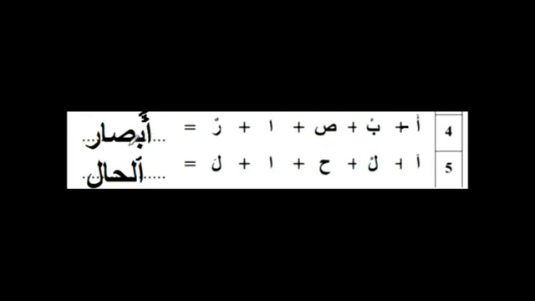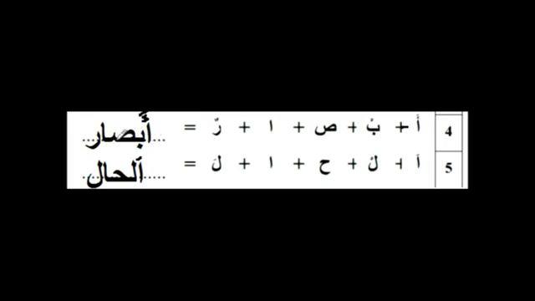So we would write the ba, and we would go to the sad, and the sad would connect to the alif. We would write the ba like that. Then we would write the alif.